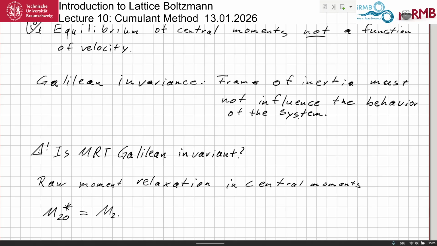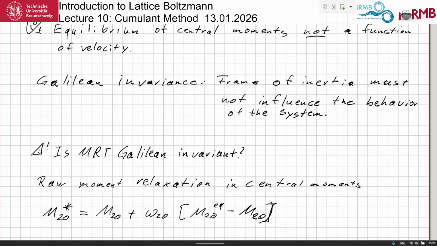I'll write down what I would do in an MRT. I would have a relaxation rate for that specific moment. I would go into the equilibrium, and I would subtract the pre-collision state and come to the post-collision state in that way. This is what I would do.